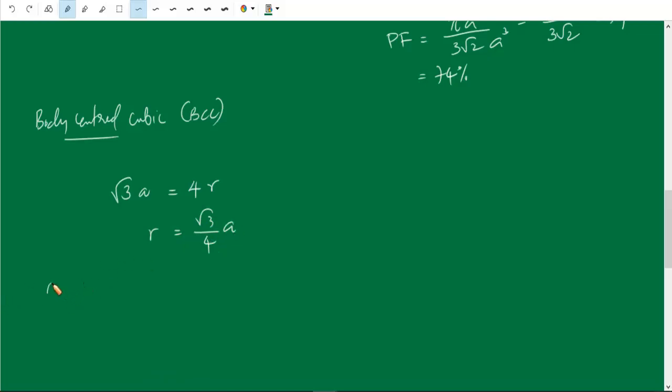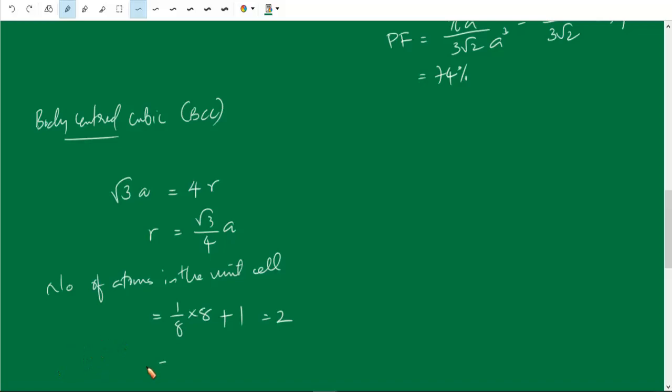Now, the number of atoms in the unit cell is equal to 1 by 8 into 8 plus a body center atom, so this is equal to 2.